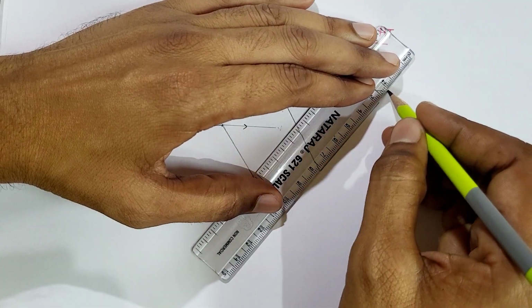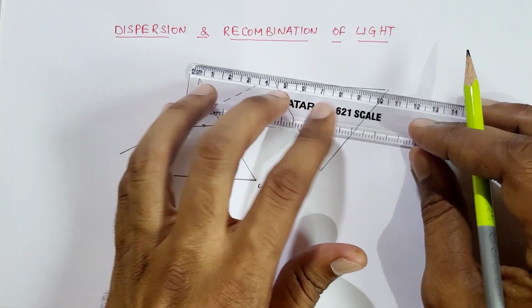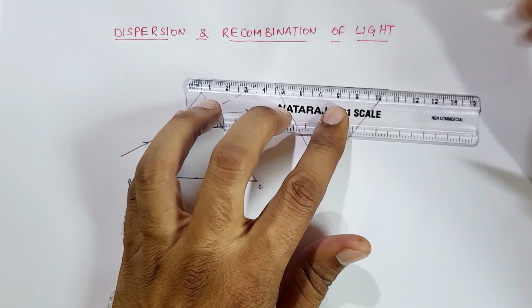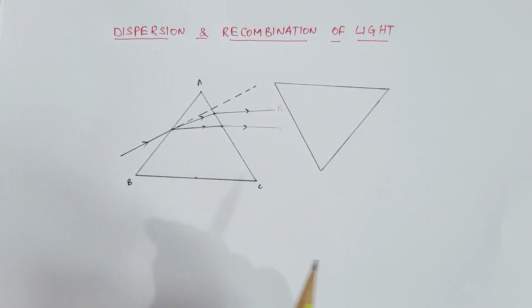If we place one more triangular prism here, then we make the dispersed light rays pass through it.